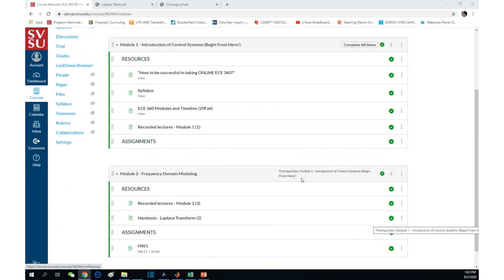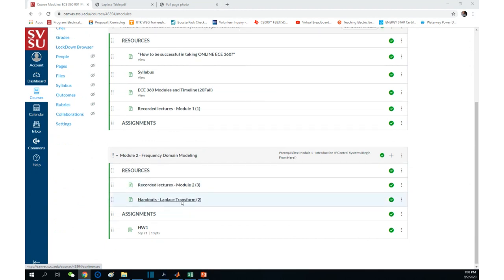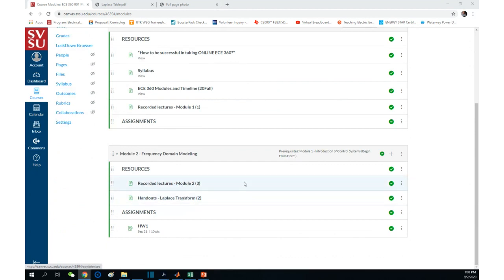So this might be the problem with some of you. If you couldn't access the module 2 materials after today's lecture, the reason should be the prerequisite. Prerequisite is module 1. You see here, I'm setting up a prerequisite for module 2, but before completing that, the new module is locked.